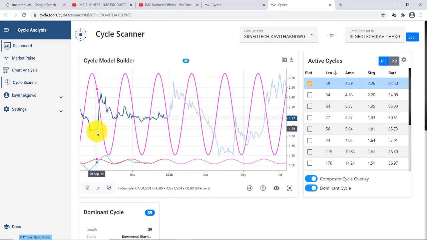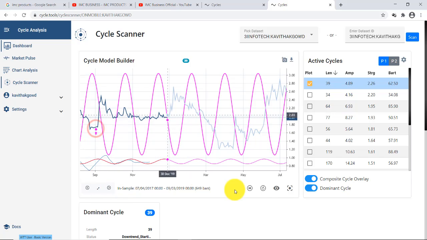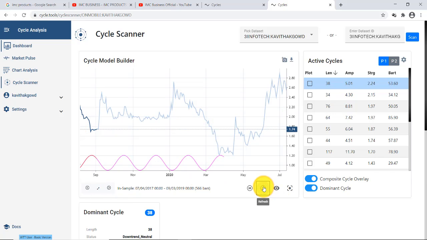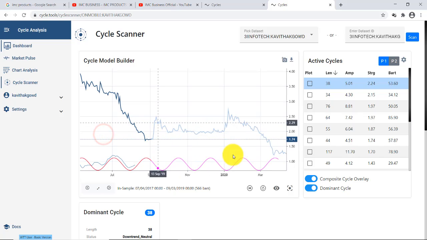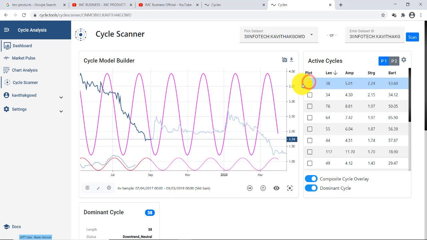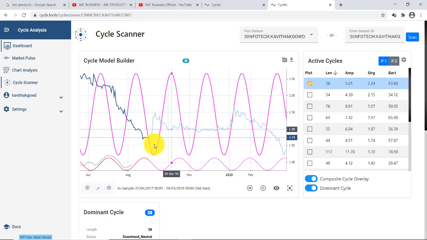Let's check another one. See here the dominant cycle is again 38, so 38 and the price is here.